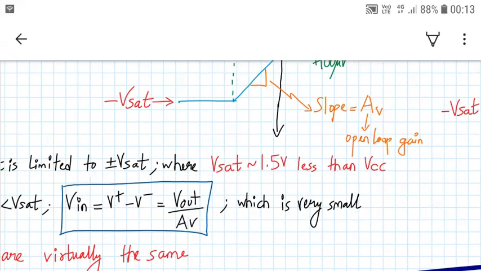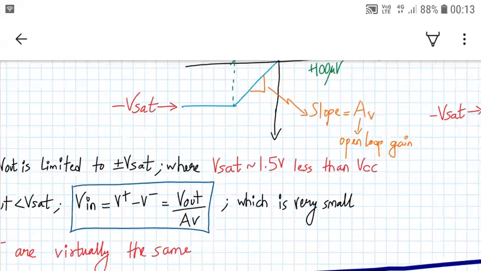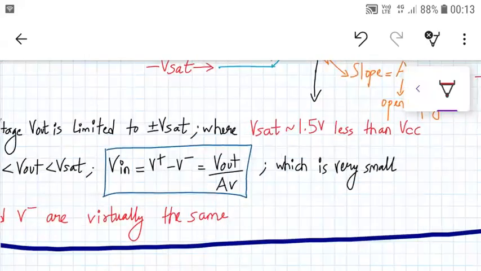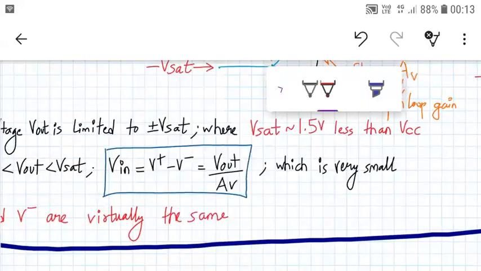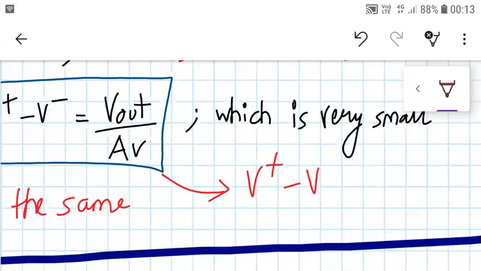Now we know that the denominator, the AV term, is extremely large. It's around 10 raised to 5 for 741. So Vout upon AV will be even smaller. Hence we can say that V plus minus V minus is tending towards 0.